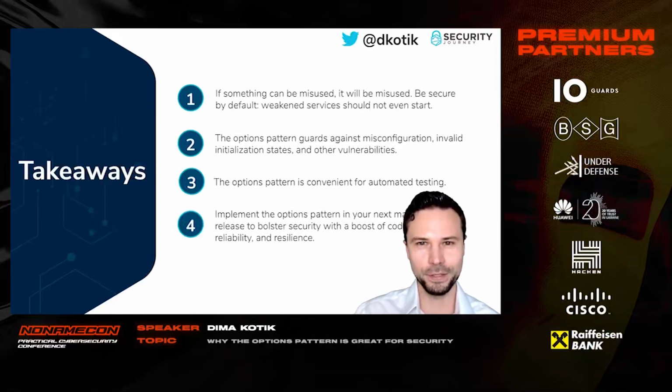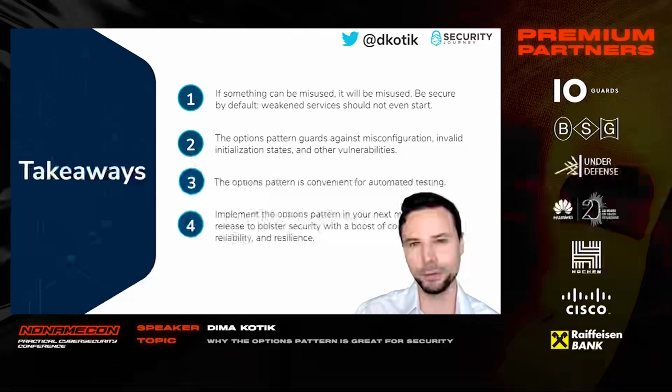Build the security into the program. Use the options pattern to detect the problem and fix it or prevent the program from running if there is one. Second, the options pattern guards against misconfiguration, invalid initialization states, and other vulnerabilities.